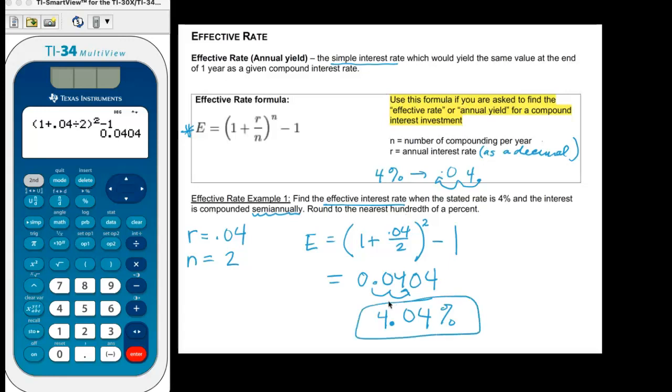We're left with 4.04%. Basically this means that a 4.04% simple interest rate is equivalent to a 4% compounded interest rate, assuming that interest is compounded semi-annually, or twice a year. I hope that makes sense, and as always, just contact your teacher if you have any questions.